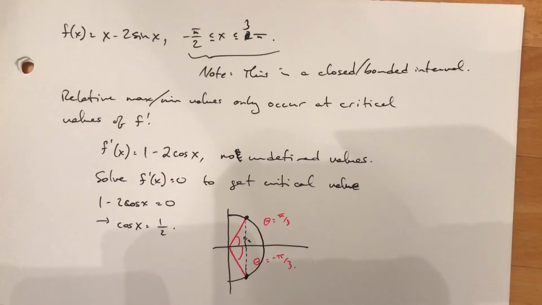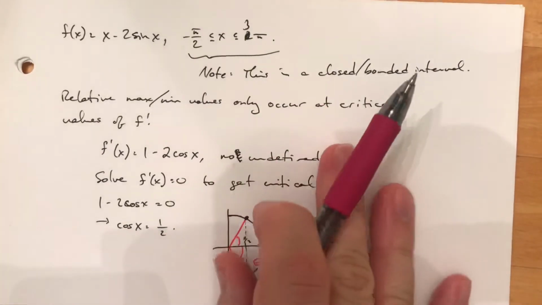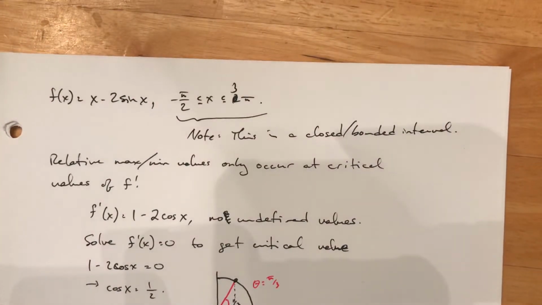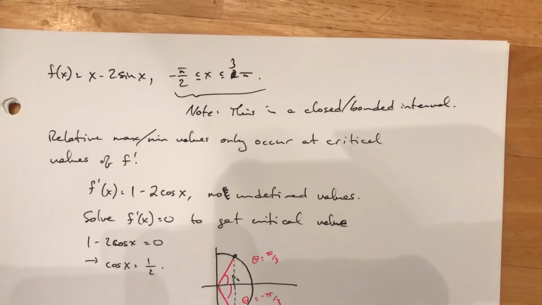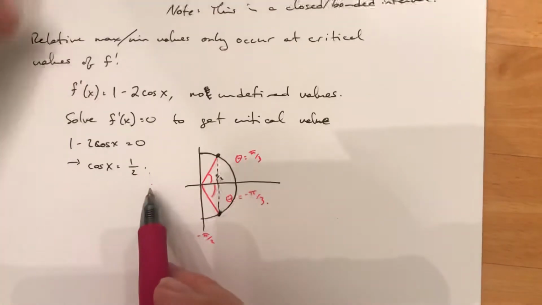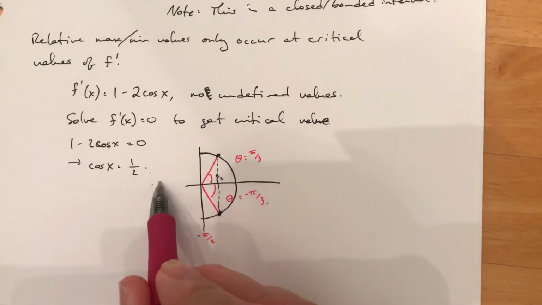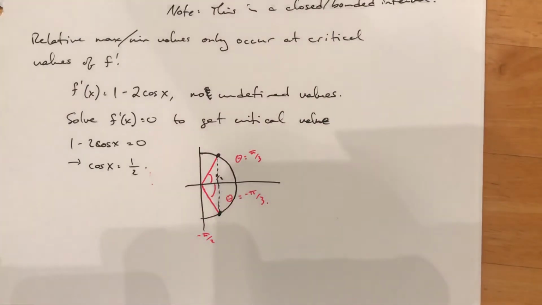These are not the only solutions that we could have in our interval from negative pi over 2 to 3 pi. Certainly negative pi over 2 is down here, but if we go from that to 3 pi, that's going to take us all the way back around, from negative pi over 2 to 0 to pi to 2 pi to 3 pi. We're going to pick up several more solutions here.